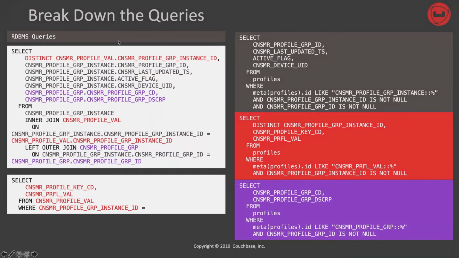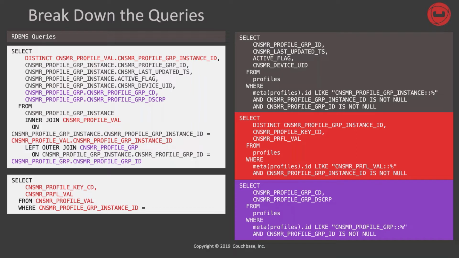Now there are some adjustments that I have to make here. You can see in this first select, I've got these in my projection, which map to these four items in the projection of the original query. But I have to go from the profiles bucket. I'm not going from a table like I was in the relational system. All three document types exist in that profiles bucket.